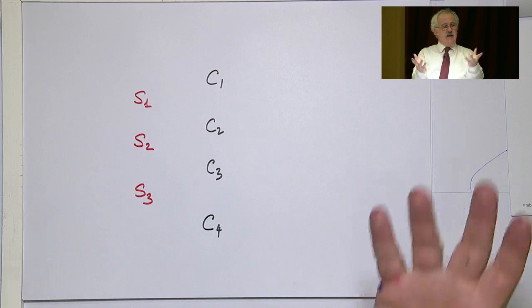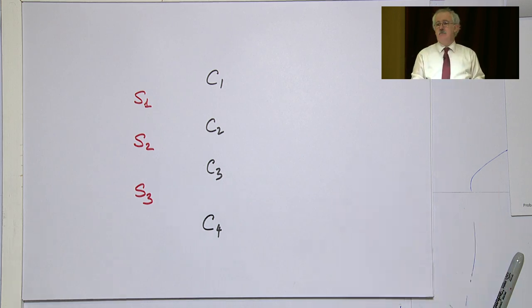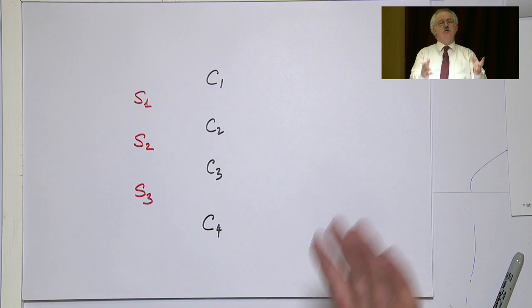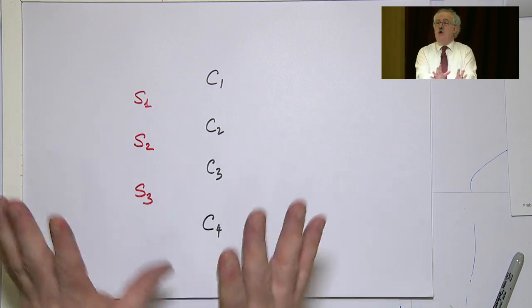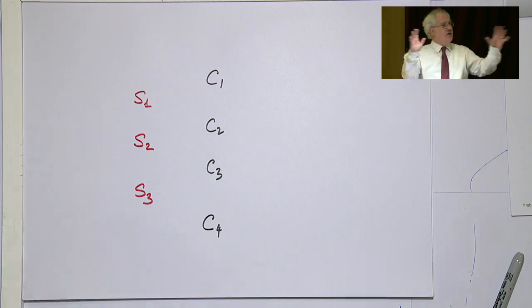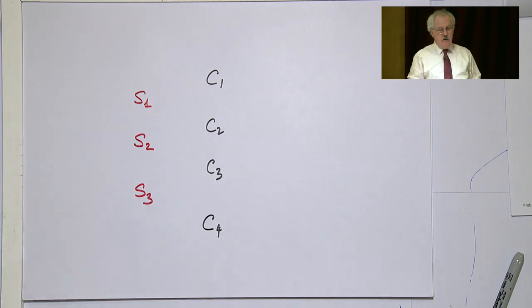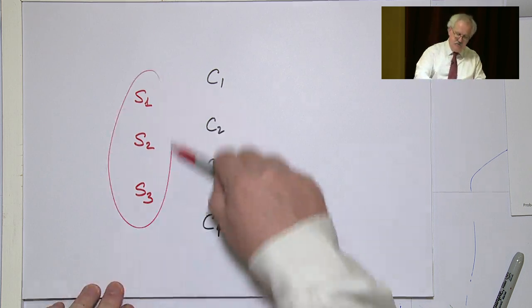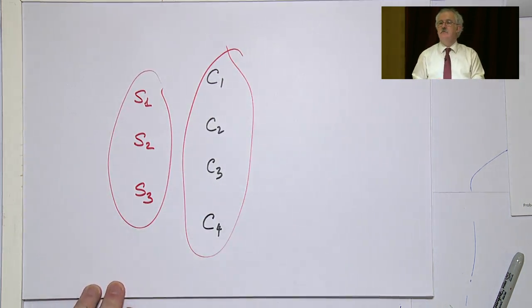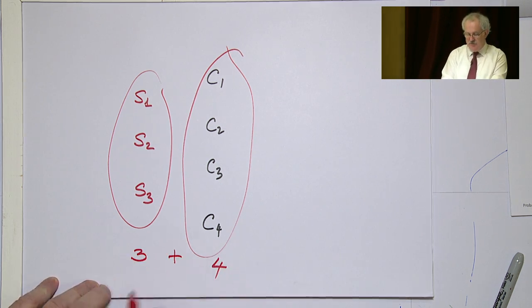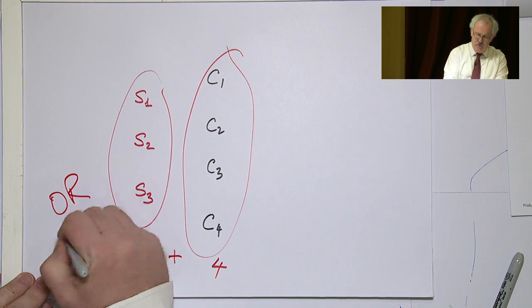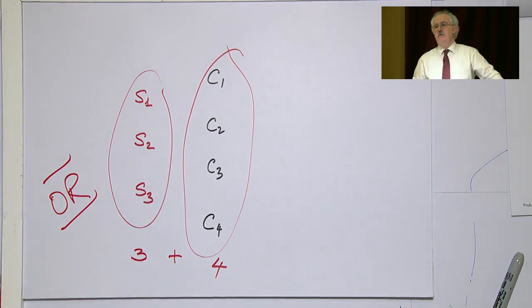Take one. Select one. You don't say, I took one of each. No, just take one. Is that okay? You're allowed something or something else. You can't take a sweet and a chocolate, just one or the other. Is that okay? How many choices do you have now? 7, because you could take any of these or any of these. You could take any from this or any from that. You have 7 choices, because the word is or. Is that okay?